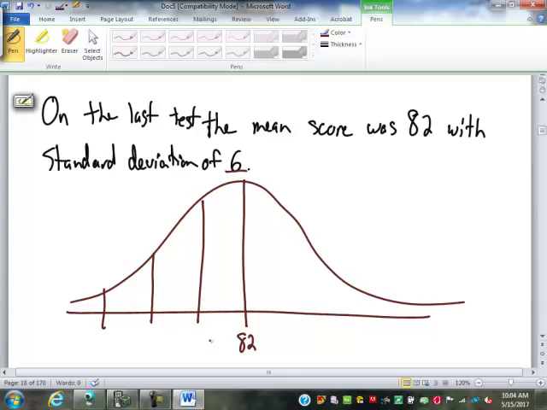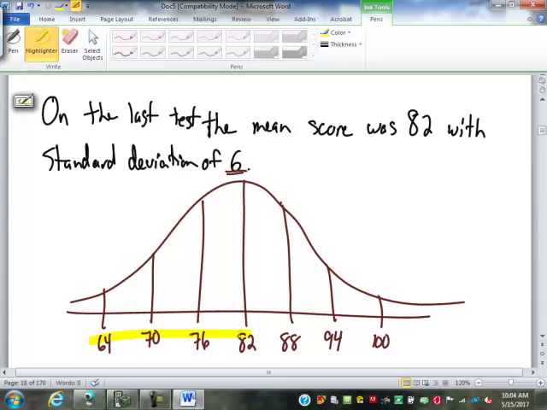So it's 82 minus 6 is 76. Minus another 6 would be 70, and minus another 6, 64. As I go to the right, I take 3 steps, and each step is 6. Standard deviation. So 82 plus 6 is 88, plus another 6, 94, plus another 6 is 100.